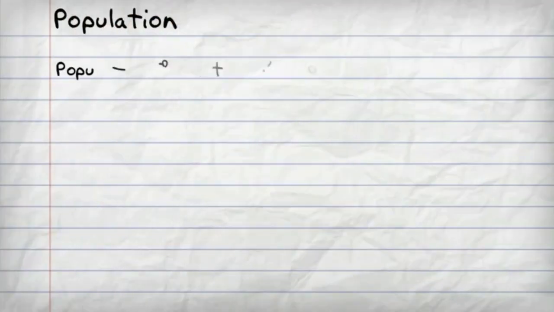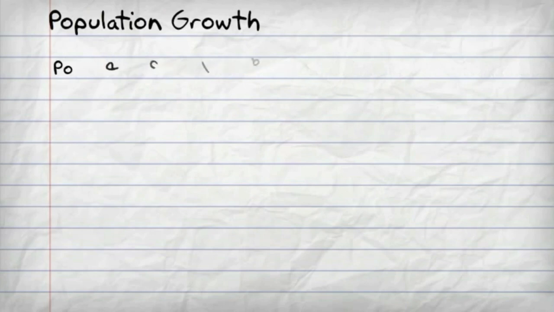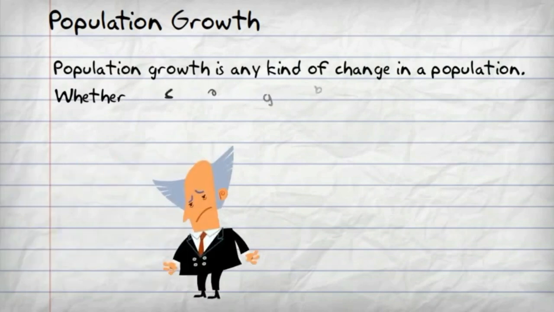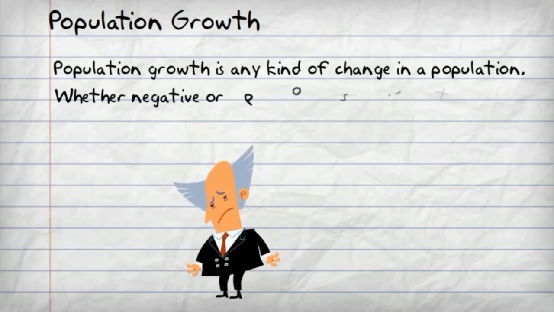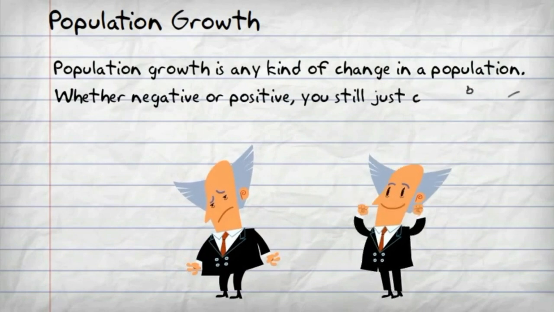Population is defined as the total number of people living within a country or a geographical area, while population growth is any kind of change in a population, whether it is negative or positive.